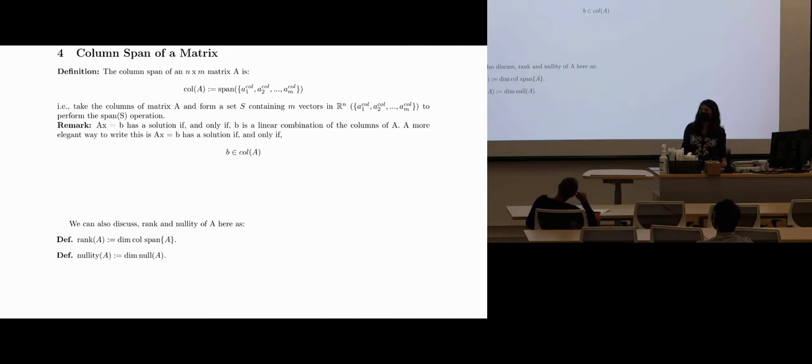The dimension of any subspace is the number of linearly independent vectors that can exist in that subspace or in that vector space, right? So for any matrix A, the dimension would be the number of linearly independent columns or rows, whichever is greater in the matrix A.